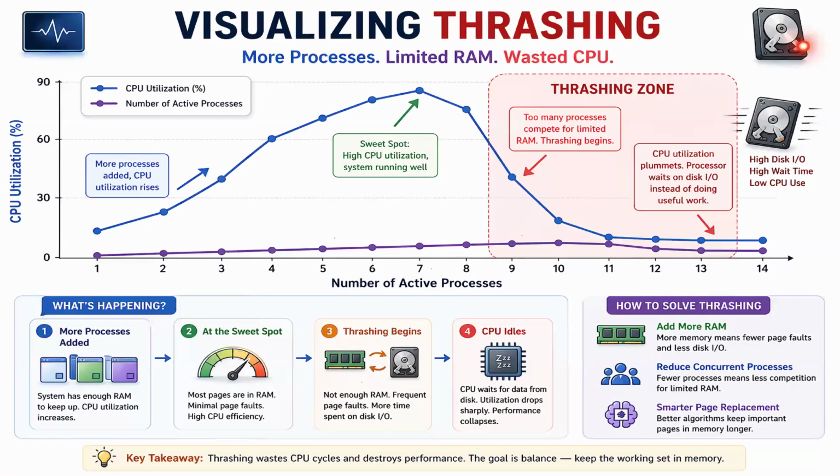Constantly swapping the pages in and out, handling frequent page faults, and accessing the disk again and again. And remember, disk IO is much slower than RAM. So instead of doing real computation, the CPU is waiting for pages to be loaded, waiting for the disk operations to complete, and this leads to wasted CPU cycles, severe slowdown, and poor system responsiveness.